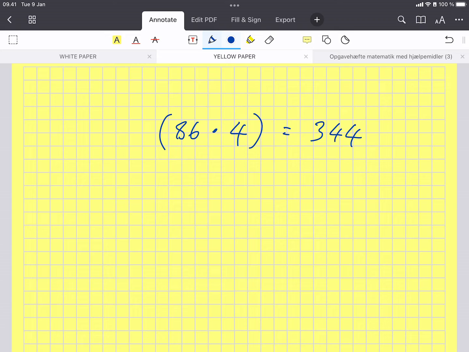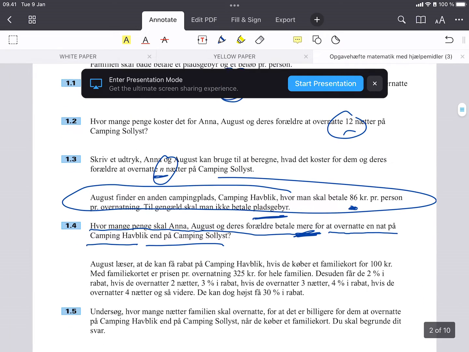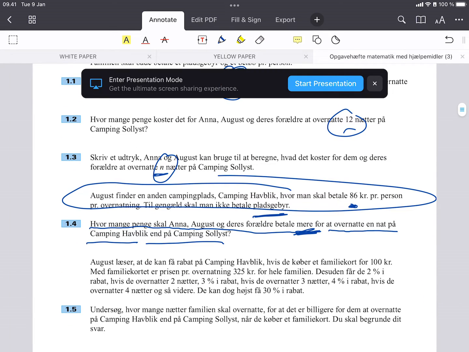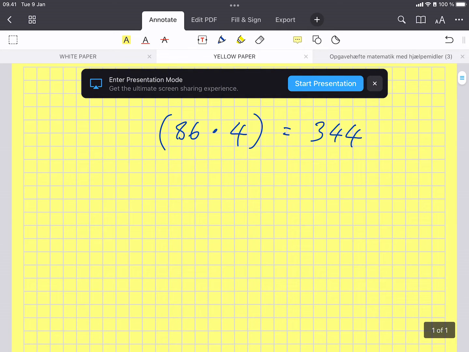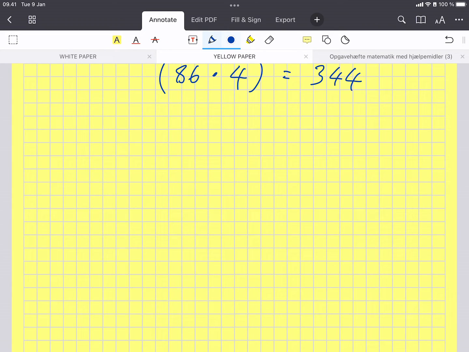So that would cost them 344, but at the place they're staying, it's only costing them 308. So the answer to the question is it would cost them 344 minus 308, which is 36. It would cost them 36 more.